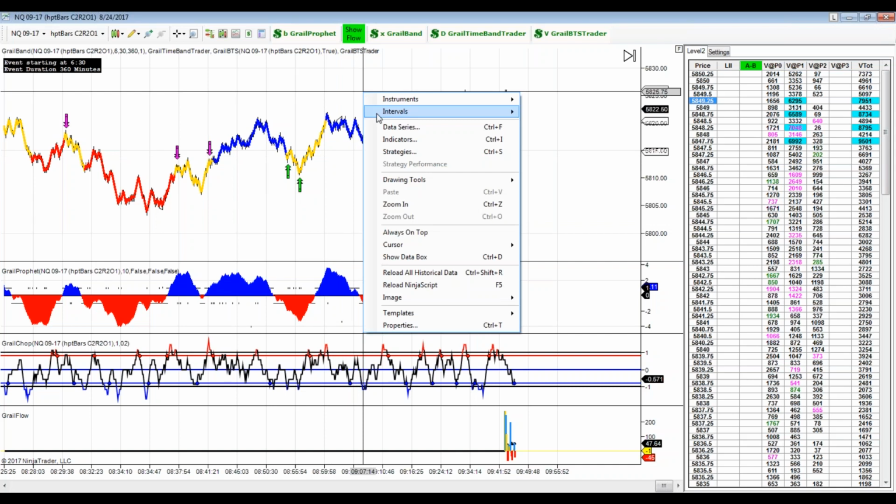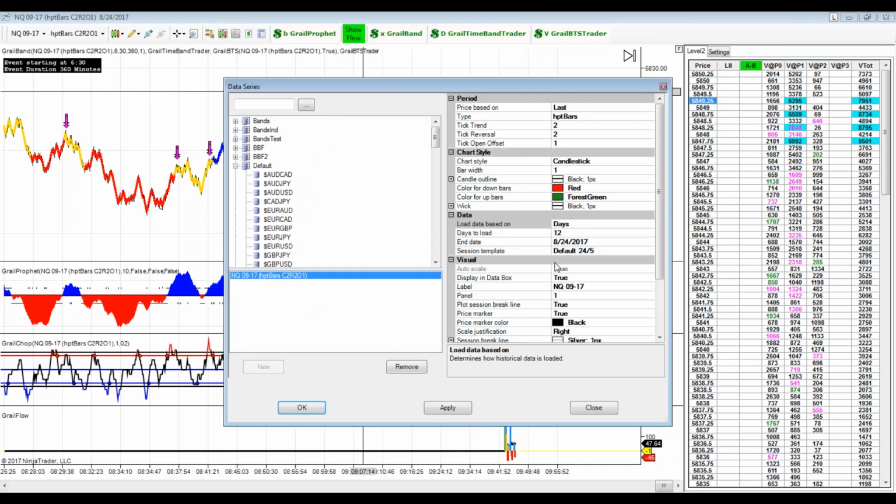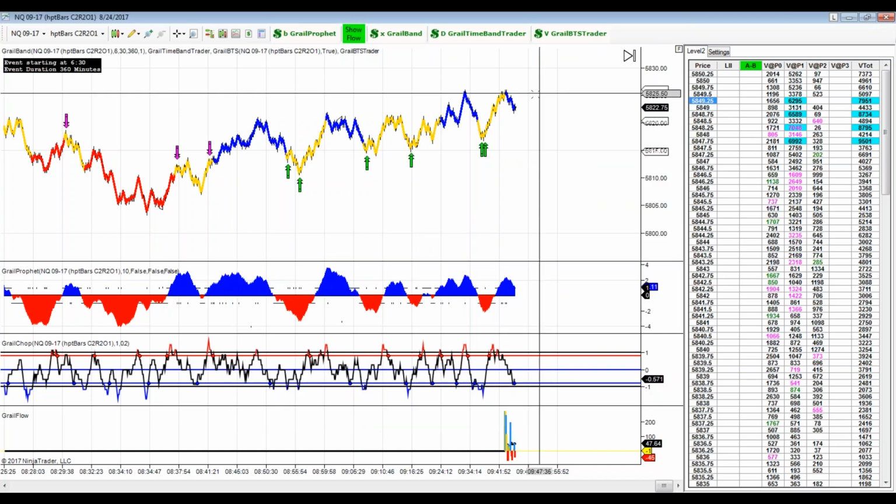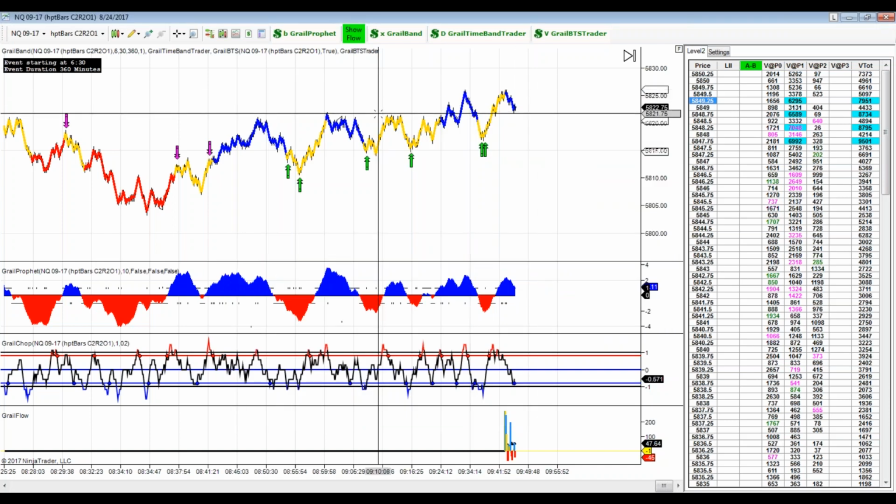Good question. So again, remember, I'm going to go to data series, right? I'm running the default 24/5 template that we've talked about a long time ago. So that's my Pacific midnight to midnight template. It starts at midnight. Now, one thing to keep in mind on all of these, let's say that you were running your charts the day before, and then you cross over your time period.